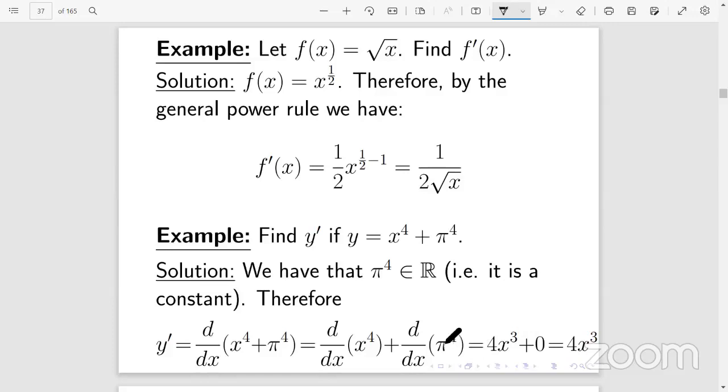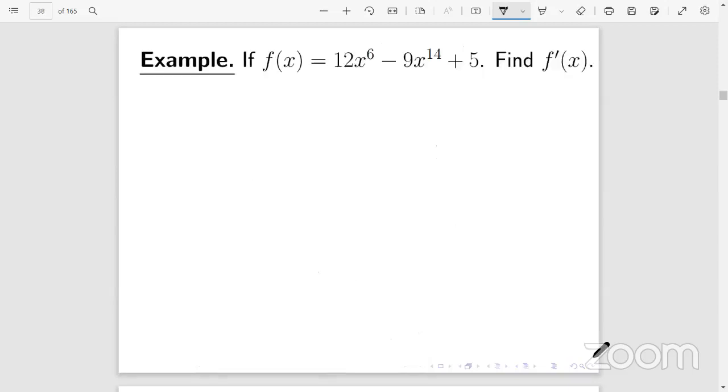Differentiating a constant, we get 0. So we get 4x cubed plus 0, which is just 4x cubed. I hope that is clear. Please stop me if I'm quick or if there's a part that you don't understand.